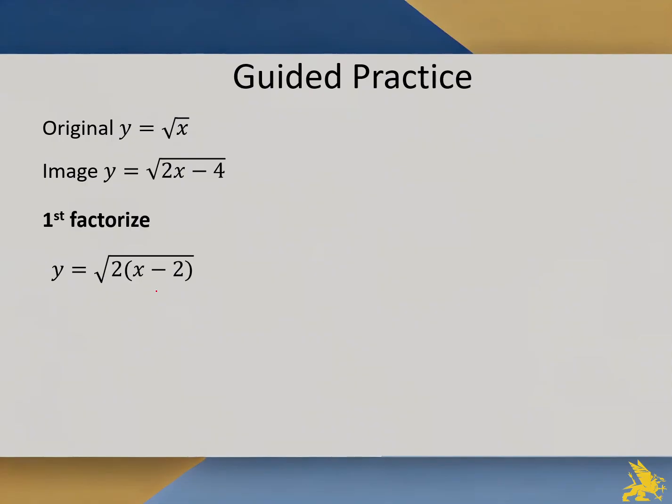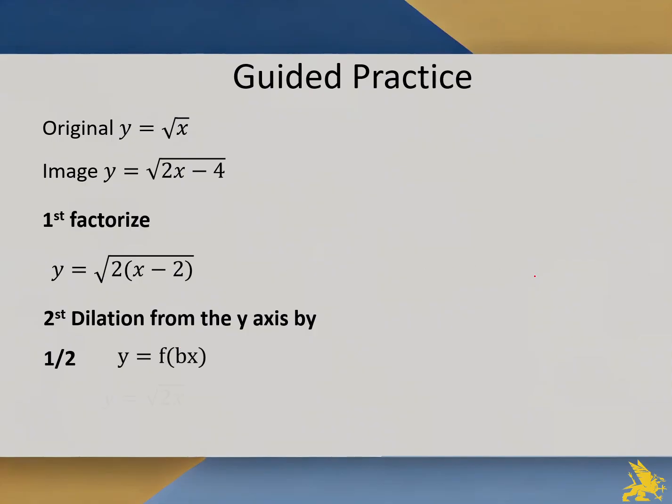The first thing I need to think about is when it's got 2 in front of the x, that means it is being pushed away from the y-axis because we're changing our x value. It's going to be a compression because it's 2x. So that means we've got a dilation from the y-axis by a half.